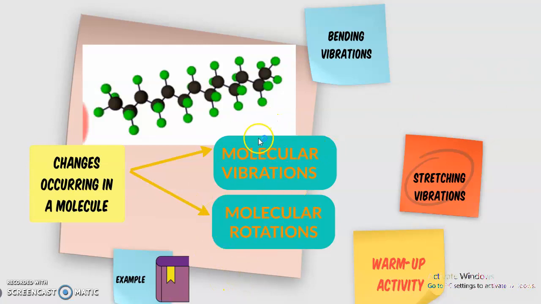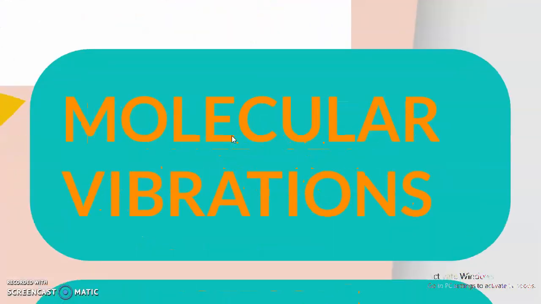So whenever a molecule is absorbing IR radiation, there is a change in the vibration of the molecule or a rotation of the molecule. Okay, so molecular vibrations help in IR spectroscopy and not molecular rotations. They are not of much importance to any spectroscopist. So what is important here in IR is molecular vibrations.